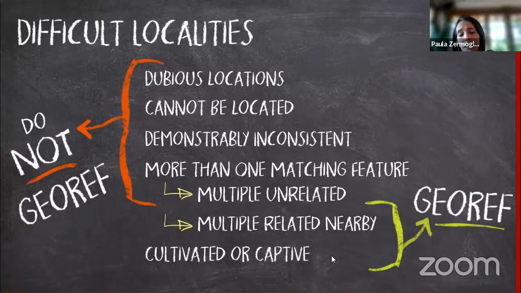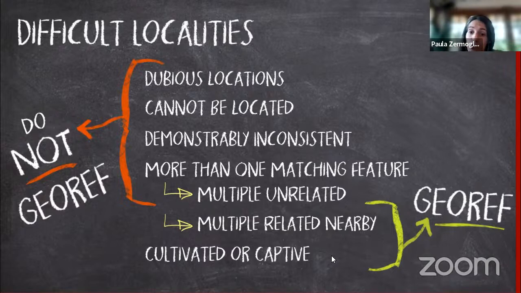And another difficult locality is when we have specifically something that has been cultivated or that is captive in a zoo, for example, and we have the location of that zoo or of that botanic garden or laboratory or whatever it is.